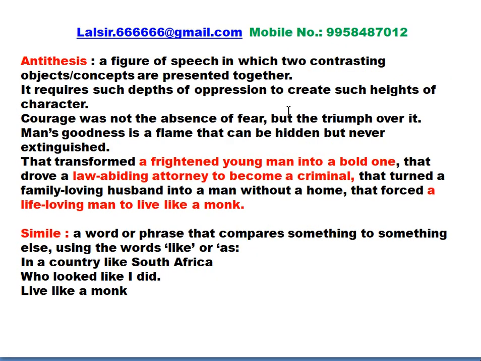Talking about the next literary device that we have, antithesis, a figure of speech in which two contrasting objects or concepts are presented together. It requires such depths of oppression to create such heights of character. Courage was not the absence of fear, but the triumph over it. Man's goodness is a flame that can be hidden but never extinguished.